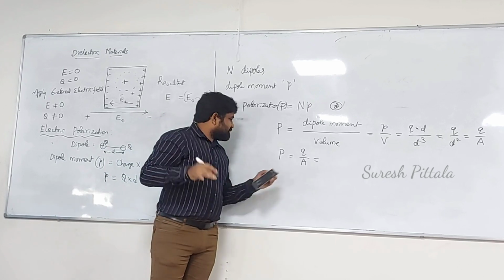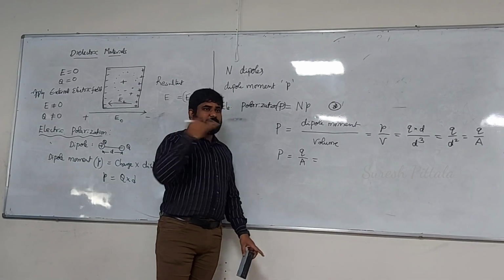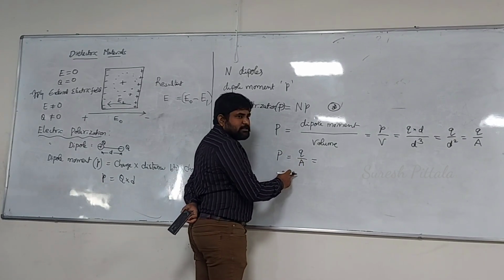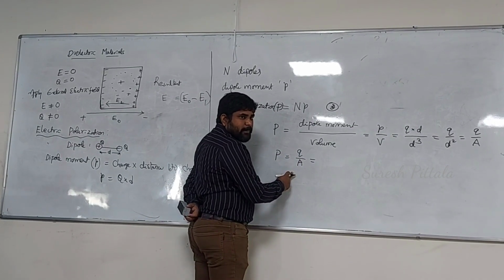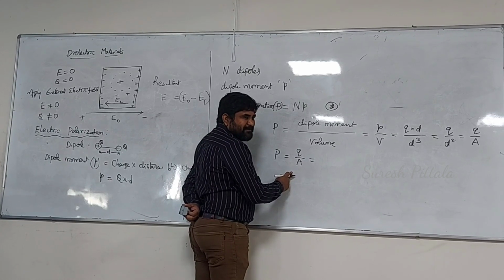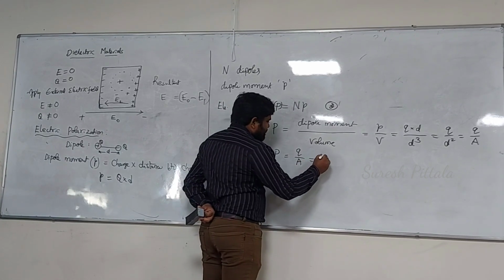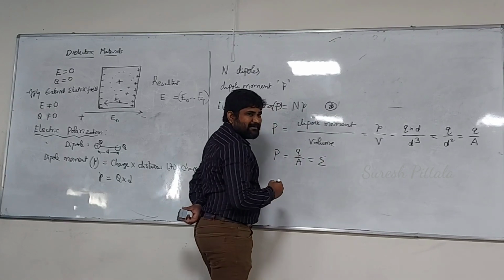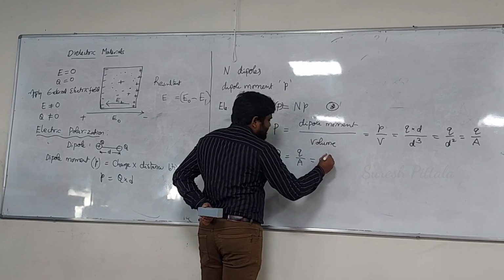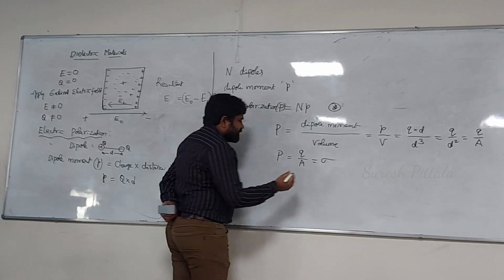Surface charge density, and if it covers volume, volume charge density. So surface charge density is denoted with what symbol? Sigma, because it is surface charge density.